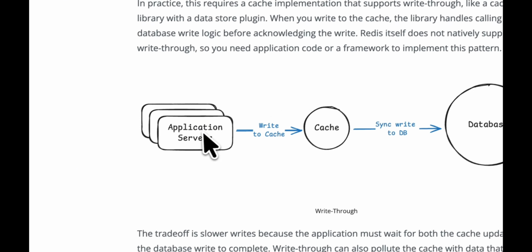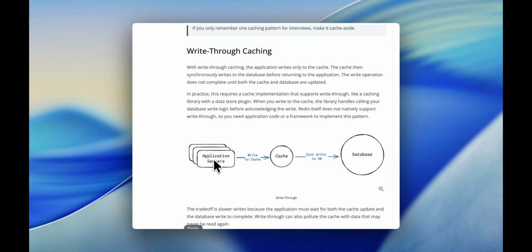What it means is that the application server, like let's suppose you are building an e-commerce application or hospital management, and once you write data, this data is not directly written to the database. First it is written to the cache, and from this cache it is written to the database. So synchronously the data is written to the database.